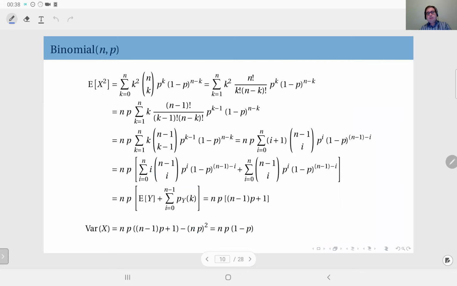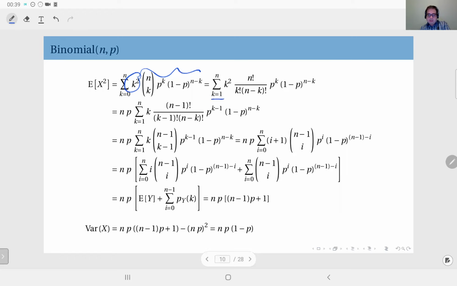Next, let's look at the second moment of the binomial distribution. Here again, I have the PMF, but here I have k square, obviously. The sum again starts from 0 and goes up to n. I realize that I do not need k equals 0 in the sum because the term will be 0, so I can start from 1.